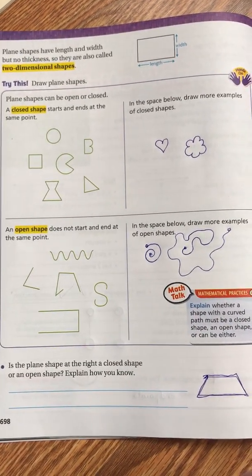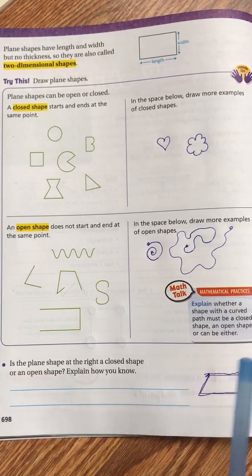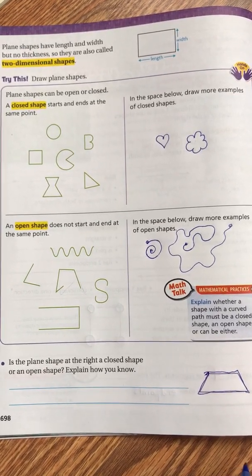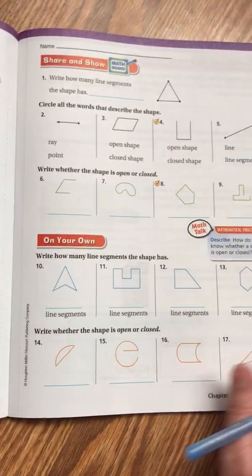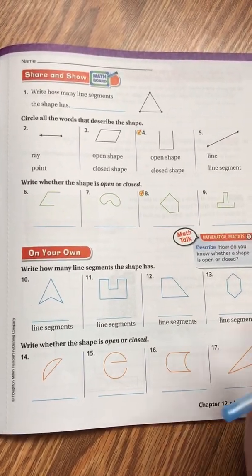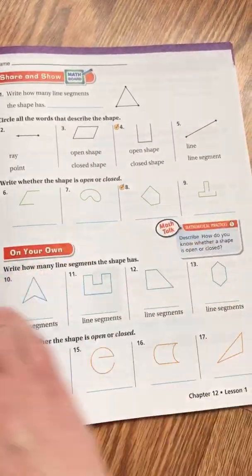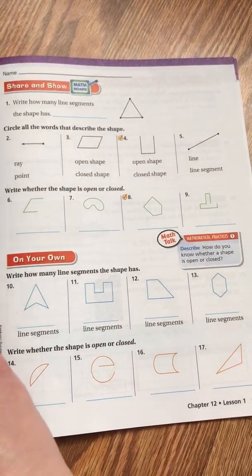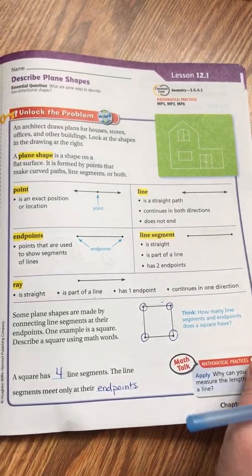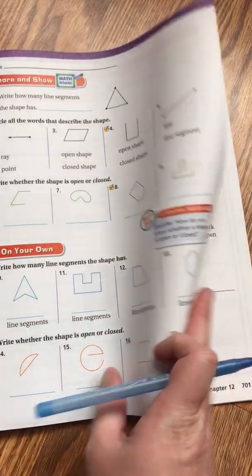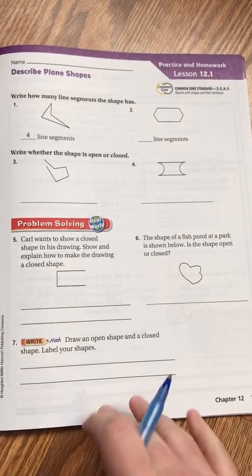So it's a closed shape. And how do I know that? Because it starts and ends at the same point. Okay? I know some of you have been doing the lesson, so if you're not sure what some of these things are, go back to our first page and look at the definitions of what each thing is, okay? And you might need to do that on your homework.